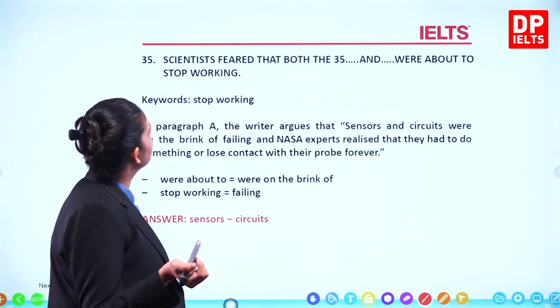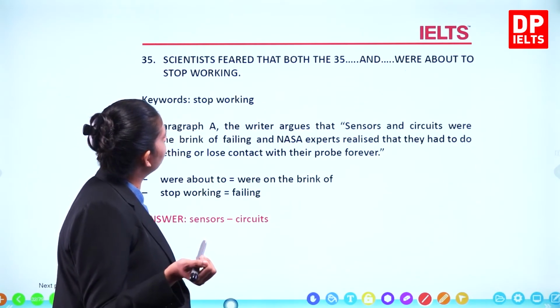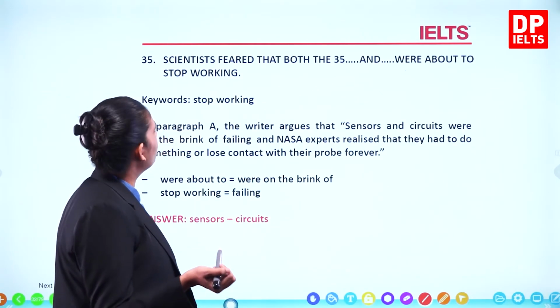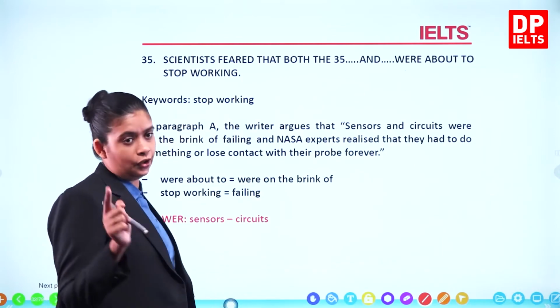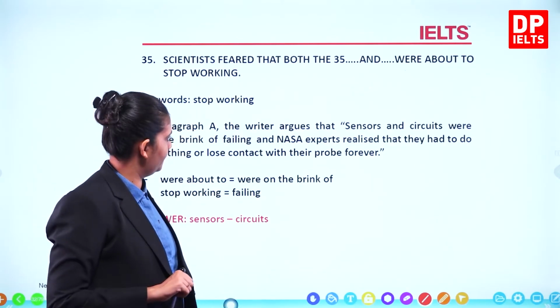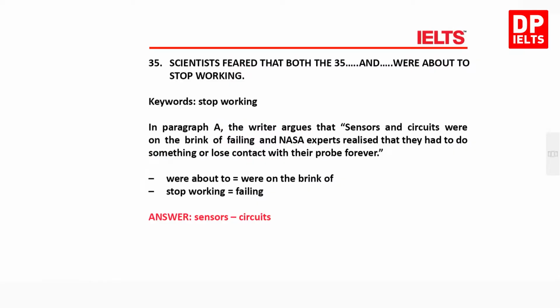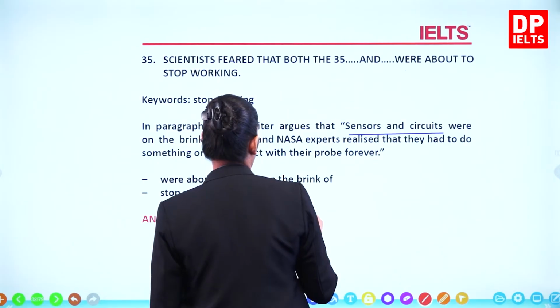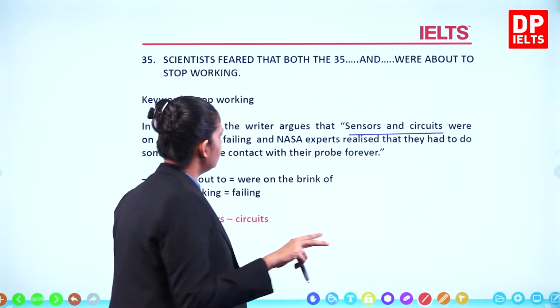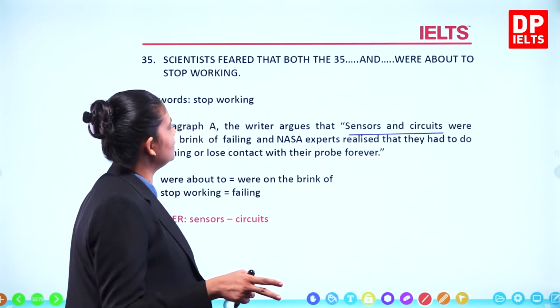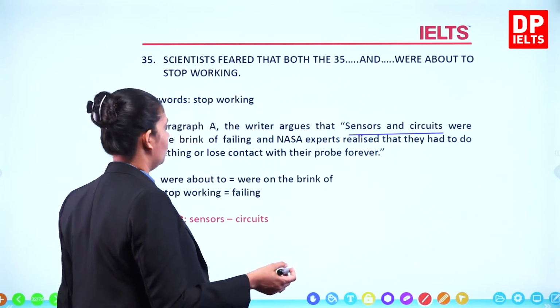35. Scientists fear that both something and something were about to stop working. Go to para A. The writer argues that sensors and circuits were on the brink of failing. NASA experts realized that they had to do something or lose contact with their probe forever. So the sensors and the circuits were about to stop working.